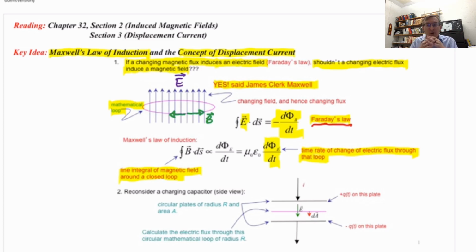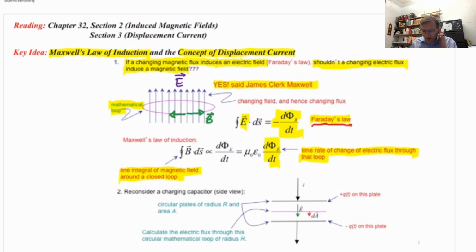And in a very loose way, for either E or B, a changing one of those induces the other. A changing E induces B. A changing B induces E. They are interwoven. Okay? And the more you study physics, the more you will see how deeply interwoven they are.